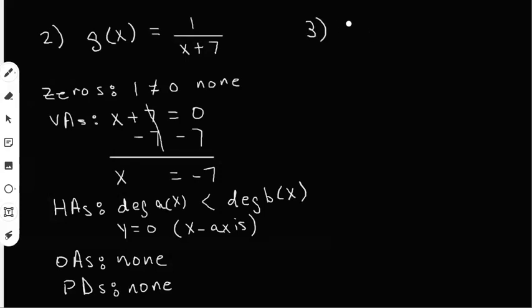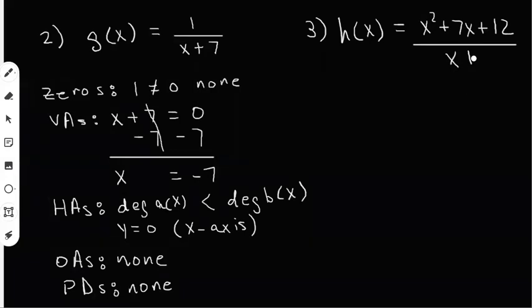Number 3 is h of x equals x squared plus 7x plus 12 all over x plus 3. Okay, so for this fraction, I can't factor the bottom, but I can factor the top.